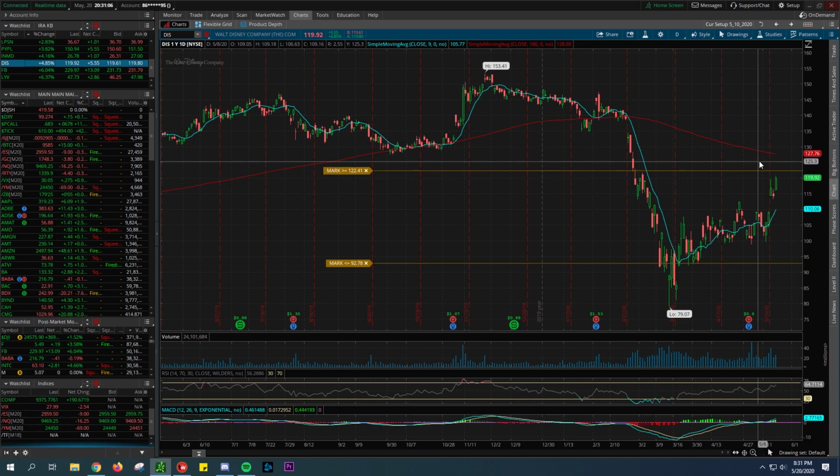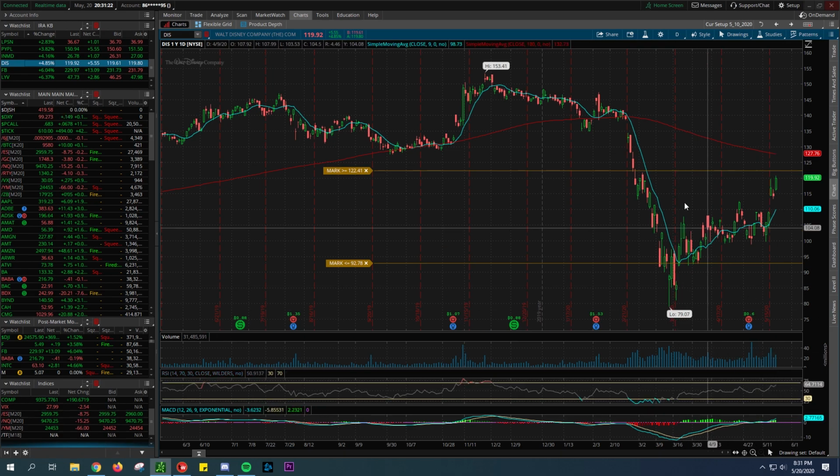Maybe let the 9 simple moving average catch up to see what happens there. Again, we're getting really close to the top range of the RSI, giving it the strength and the momentum it needs to pop through that as well.